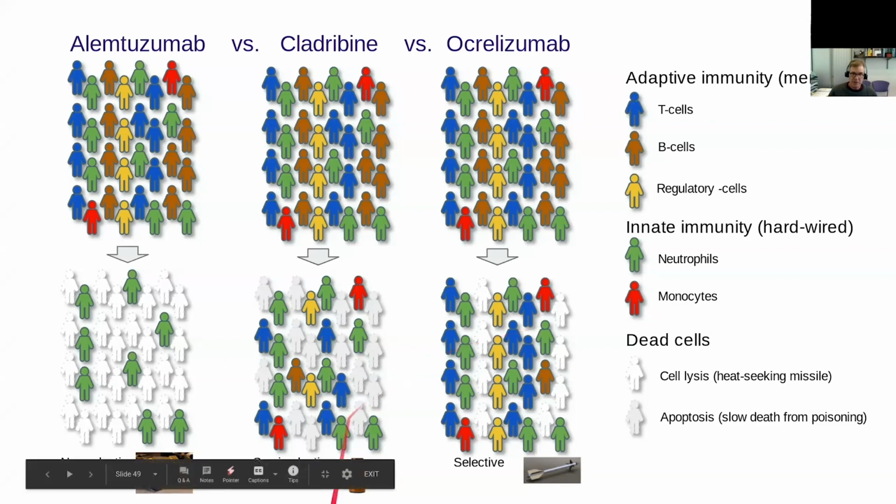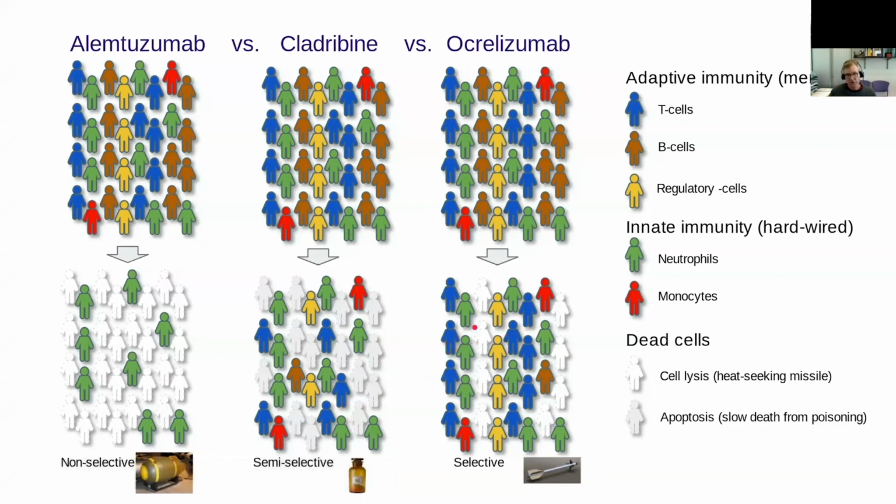My personal opinion, based on the depletion characteristics of these three agents, is that cladribine is probably closer to ocrelizumab in view of its safety profile from the clinical trials.